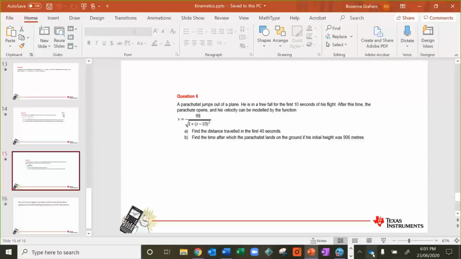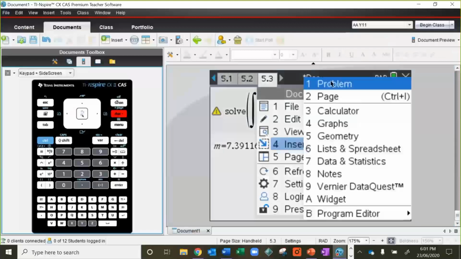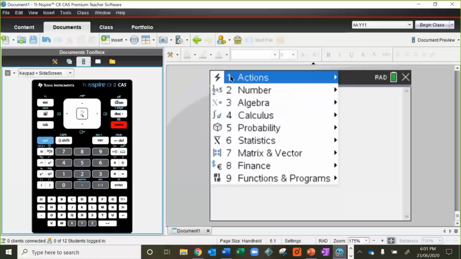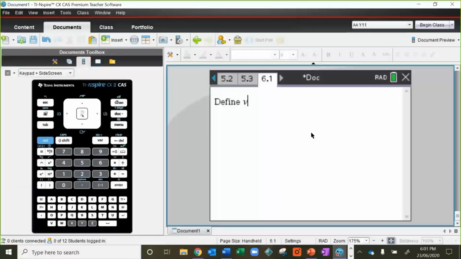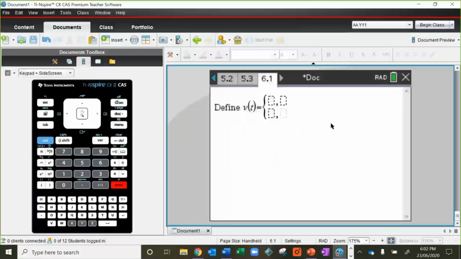Again, in this question, we would define, so I will get a new problem, calculator, and I will do menu action define v in t equals, and again, we need the piecewise function. So the first 10 seconds, we are in the free fall.